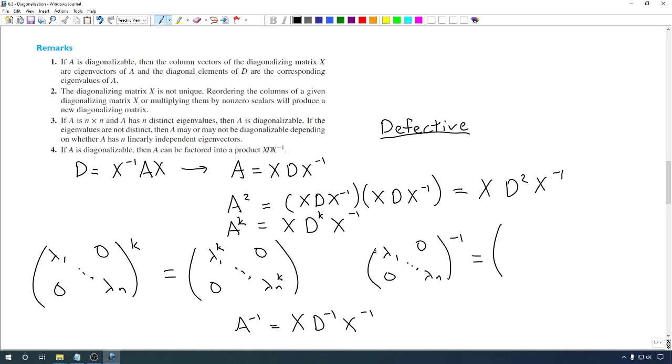The inverse, we can bring that -1 and put it as a power on all of those. Or in other words, our diagonal elements are 1 over lambda 1 through 1 over lambda n. Now, whether or not this is simpler, because we do still have to find X inverse, is a whole other matter. We still have to find the inverse of an n by n matrix. Though there might be other ways of getting a hold of that matrix.